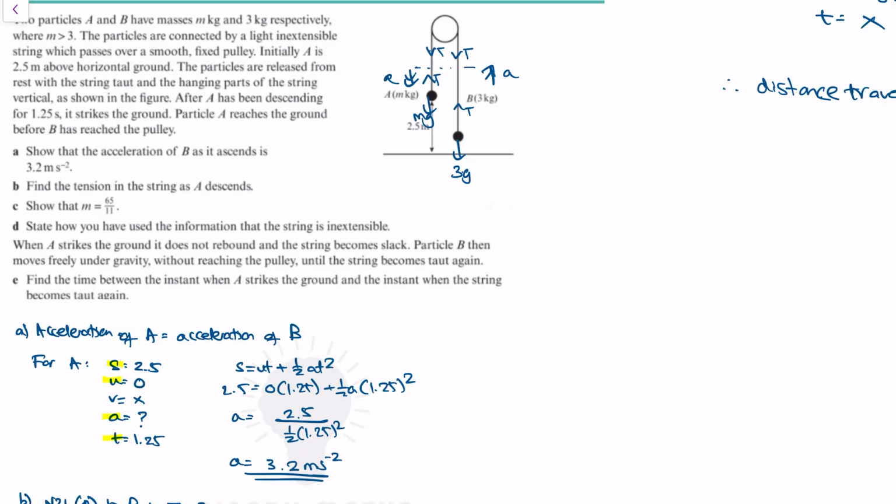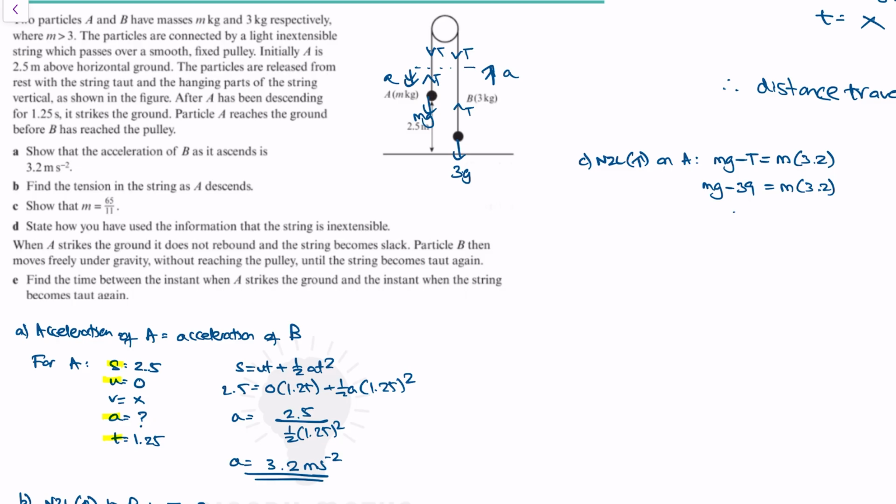Part c, show that m is equal to 65/11. So let's apply Newton's second law vertically on A now. We know mg minus tension must be equal to mass times acceleration, so m times 3.2. Tension is 39 from part b. So mg minus 39 equals m times 3.2.